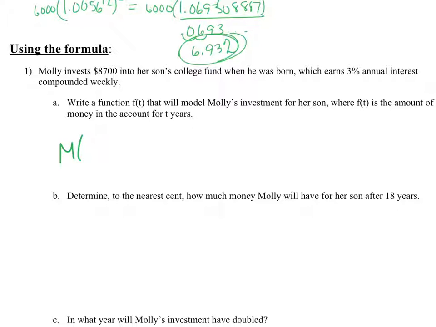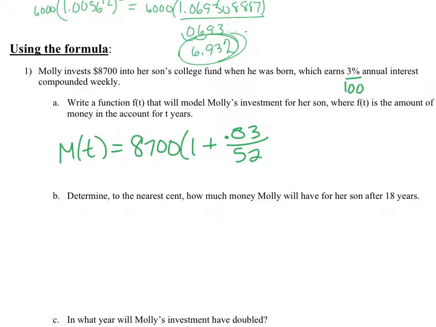So I'm going to use Molly, M of t, is equal to the principal, and then 1 plus the rate. This is 3%, so remember, divide it by 100 or move it over: 0.03. Divide that by 52 and raise it to the 52t power.